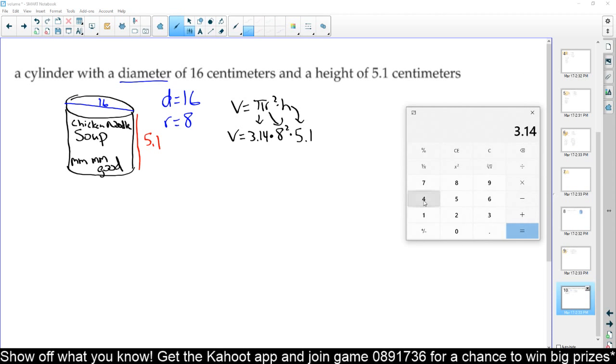So 3.14 times 8 squared times 5.1. We get 1024.89. Or we can just call it an even 1025. What's our unit? Centimeters cubed. And that's it. There's volume in a nutshell.